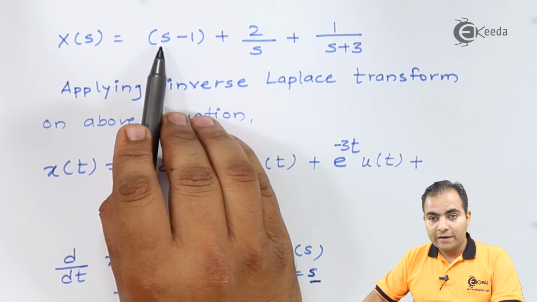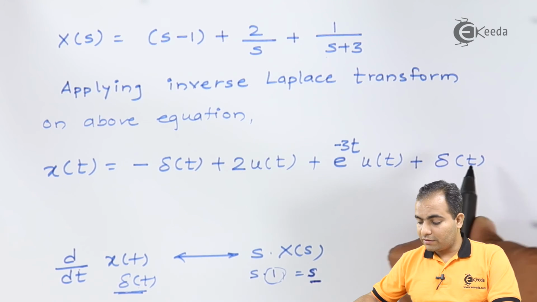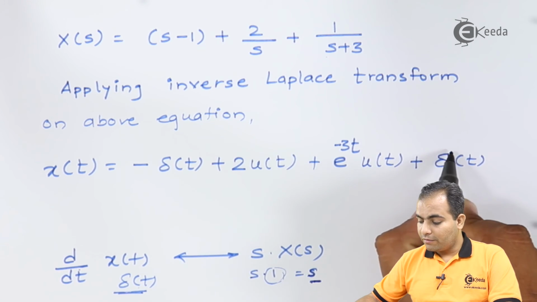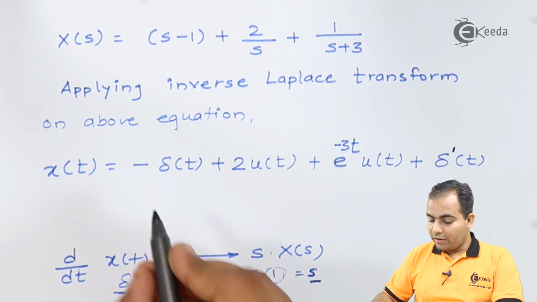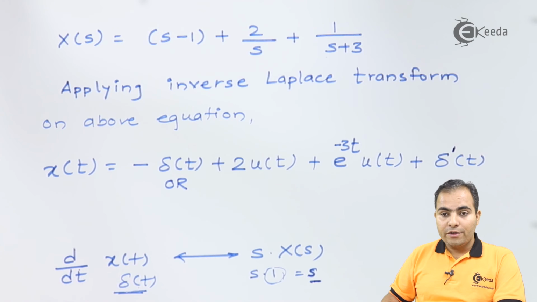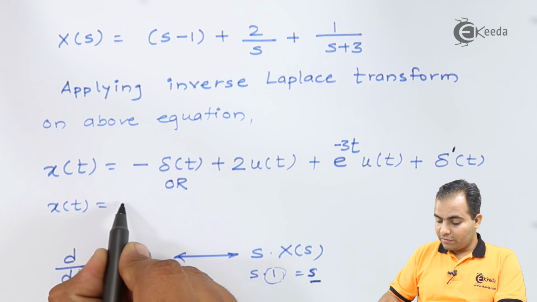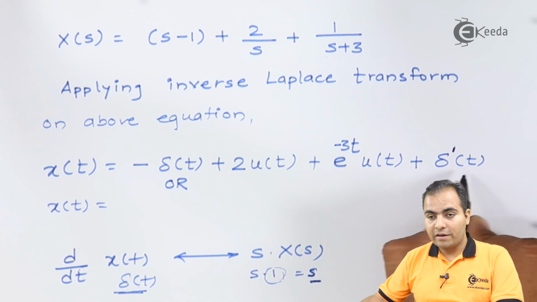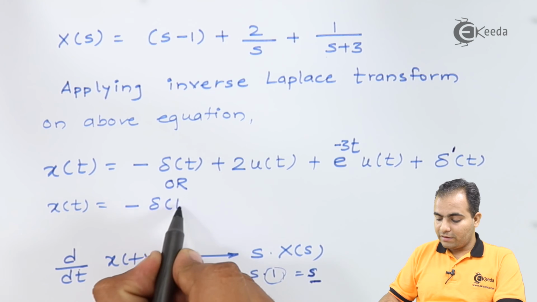So look here, we have a simple s, which means basically your del of t function was differentiated once. That's why I have written 1 dash. Or else you can write this answer as x of t equals, I'll write down this whole statement once again, but you can write this last part in a different way also, minus del of t.